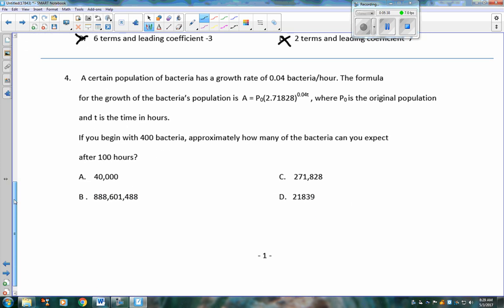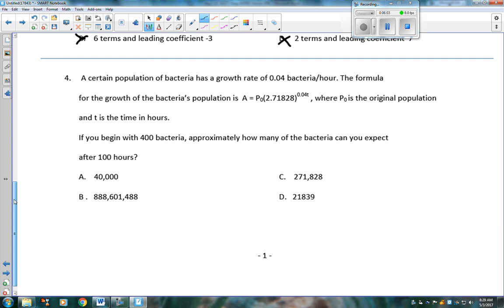Number 4. A certain population of bacteria has a growth rate of 0.04 bacteria per hour. The formula for the growth rate of the bacteria's population is that, where P sub 0 is the original population and t is the time in hours. If you begin with 400 bacteria, how many bacteria can you expect to have after 100 hours? Just plug it into your formula.